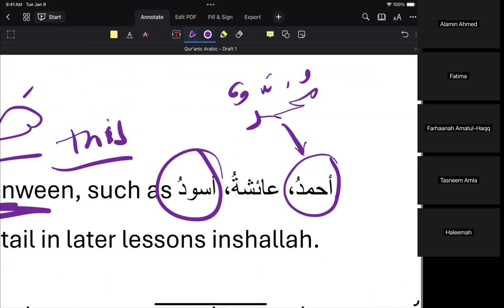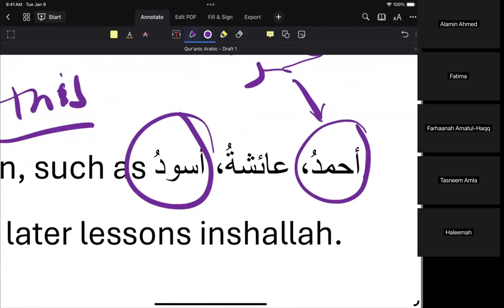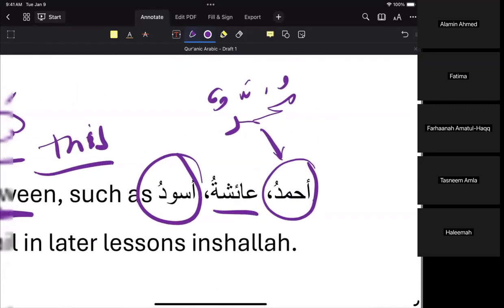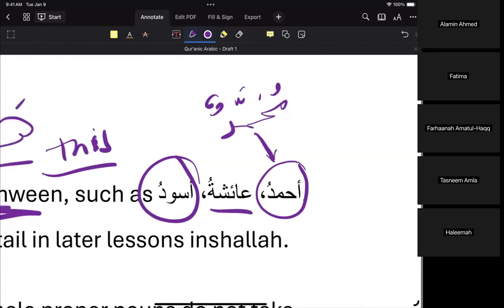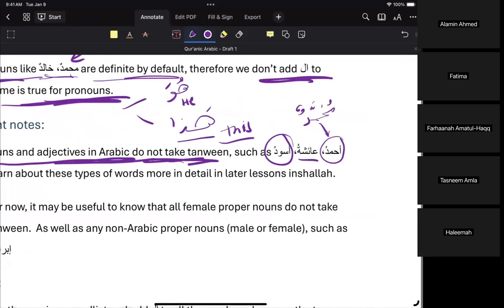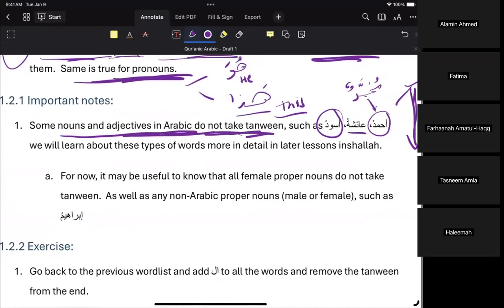You say Ahmadu. And Aisha too, or Amina too. These names you cannot say Aminatun, Zainabun. No, you say Aminatu, Zainabu. And I mentioned to you that we will heavily talk about these things in a future lesson, inshallah. This is a very important topic in the Arabic language. We will learn about these words in more detail, inshallah.